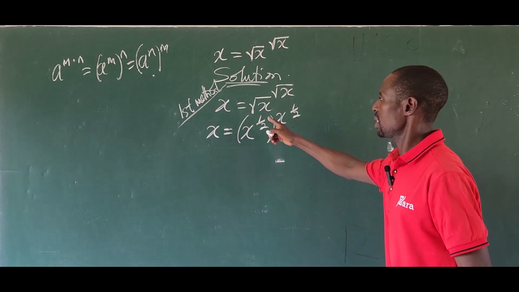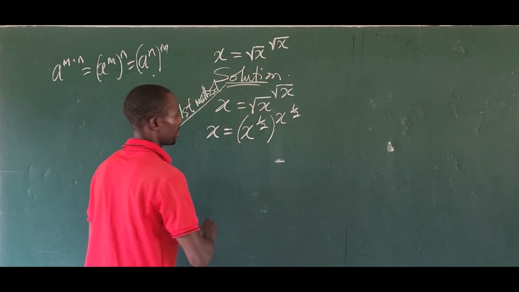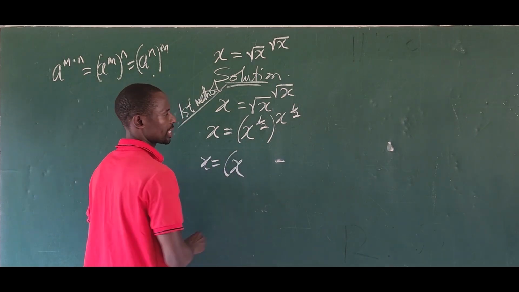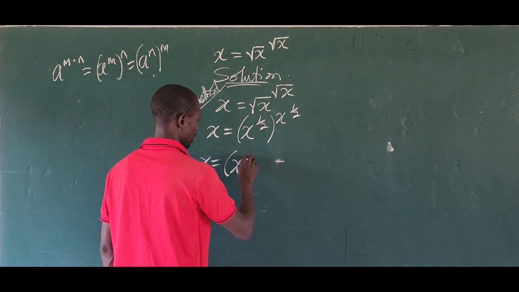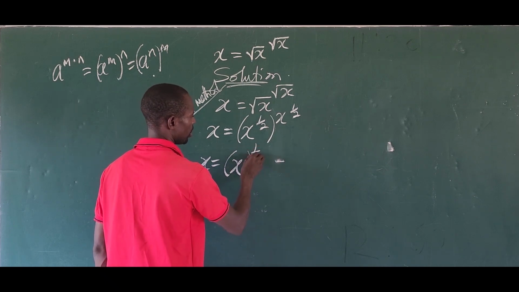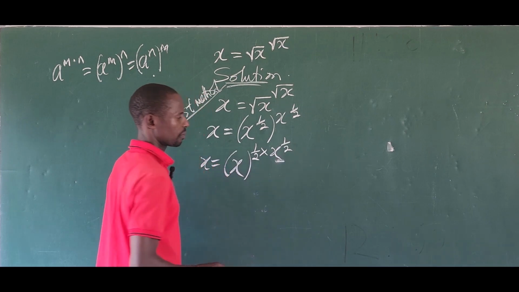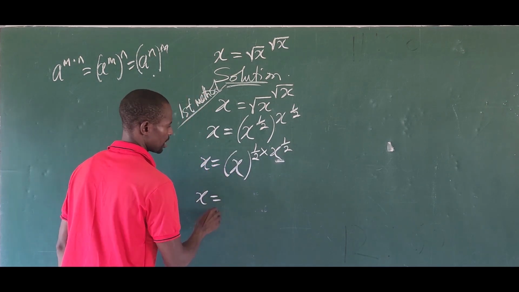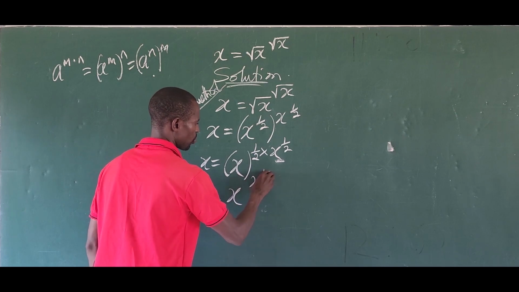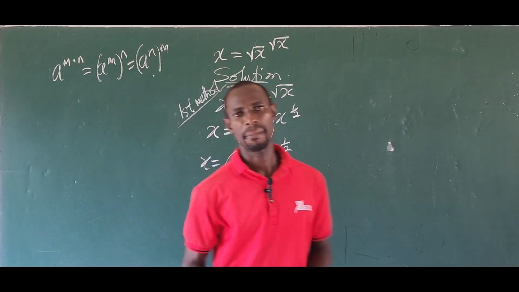But here we have a fraction, so we use this 1 all over 2 to multiply. Let's still keep this in bracket, so we have 1 all over 2 times x raised to 1 all over 2. So this will give us x is equal to x raised to the power of x raised to 1 all over 2 as the power, right?